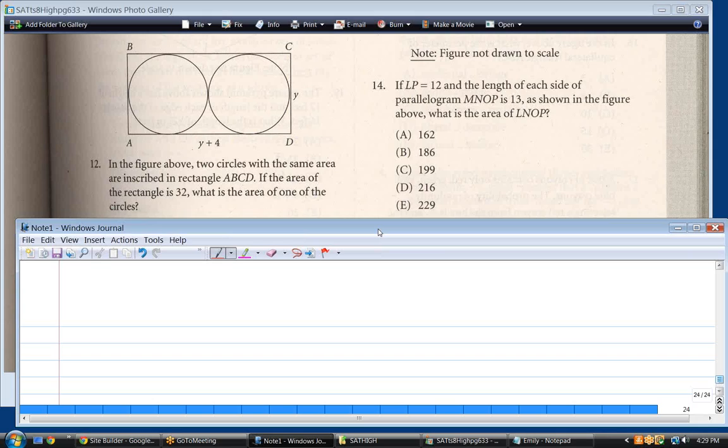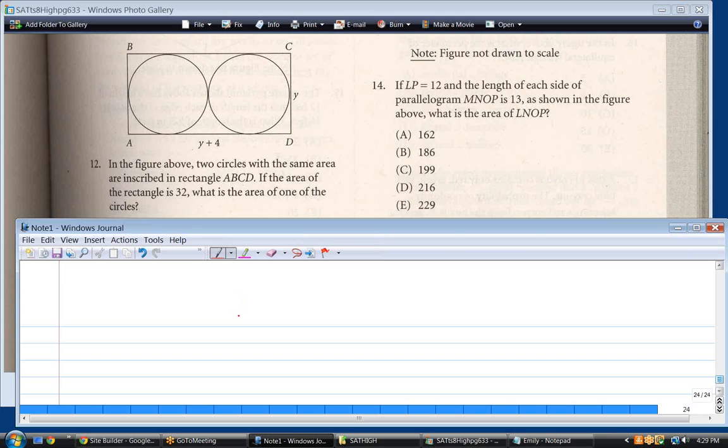I was way ahead of myself, actually. I read that if the area of the rectangle is 32, I thought it said that the side of the rectangle is 32. Okay, so what are we going to do with the information the area is equal to 32? I was going to use 6 and 8. I mean, not 6, 4 and 8. 4 and 8. That does work, doesn't it?